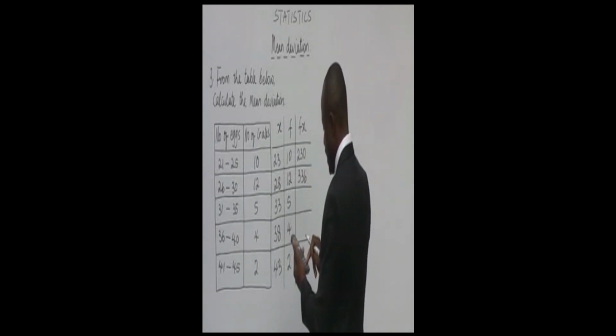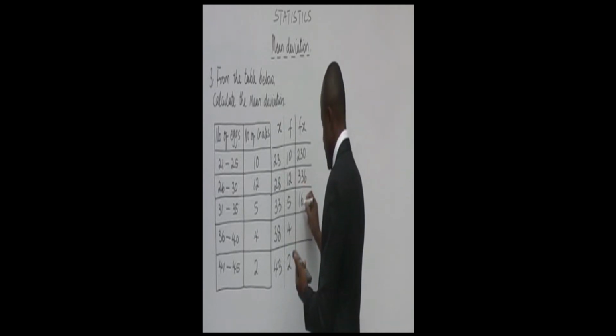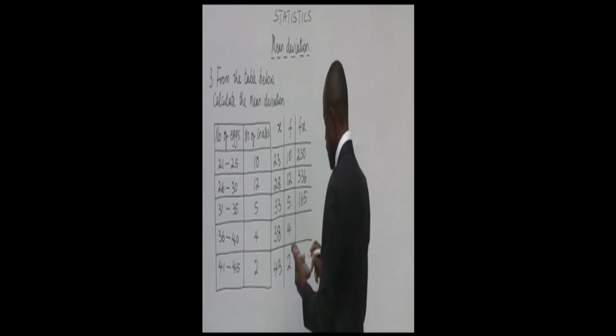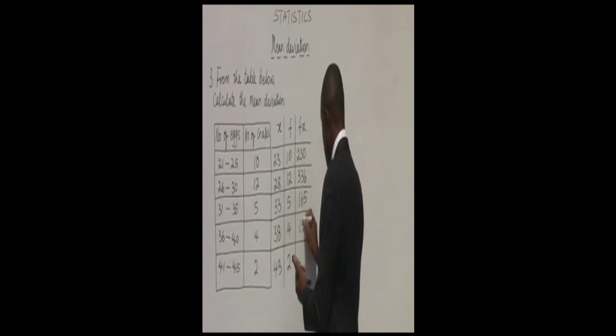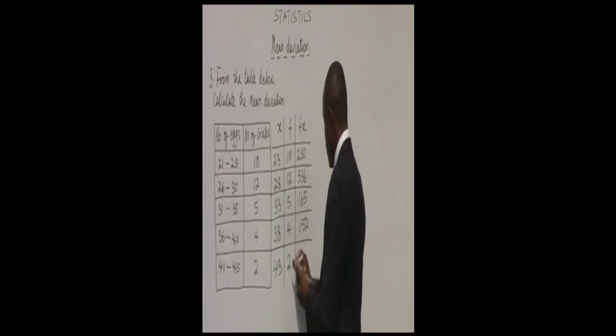The next, 33 times 5, 165. The next, 38 times 4, 152. This will give you 86.